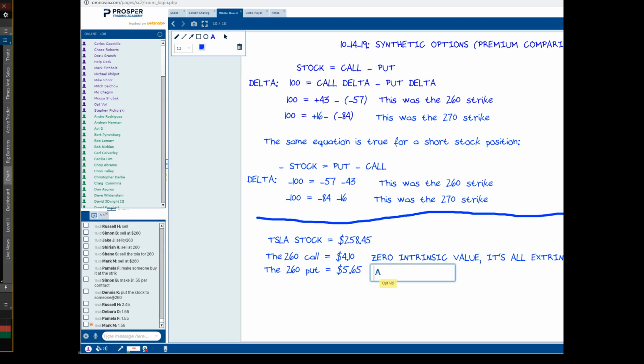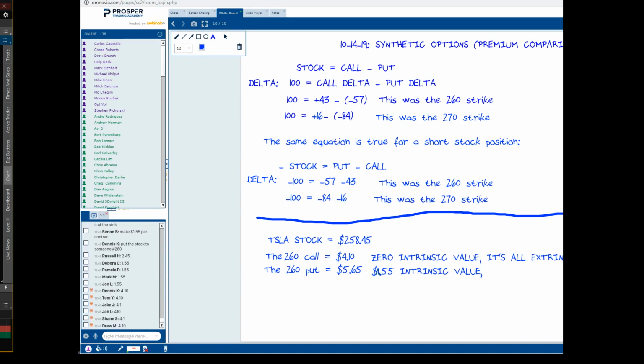Okay, so if there's $1.55 of intrinsic value, how much of the price of the option is extrinsic, or the added on additional premium? Exactly.